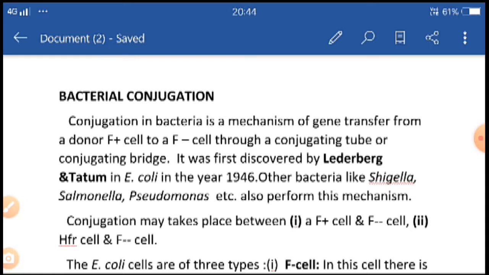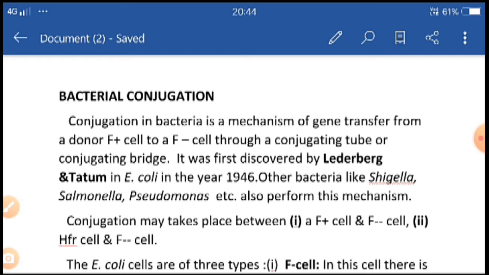In this video, we will study the bacterial conjugation process, which was discovered in the year 1946 by Lederberg and Tatum. The process may take place between a donor and a recipient cell.